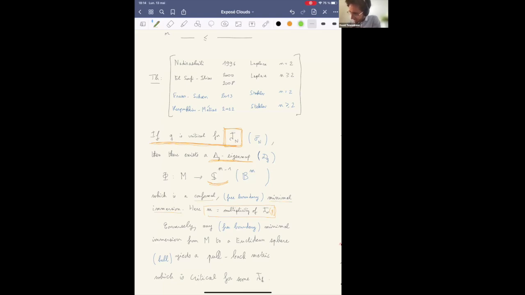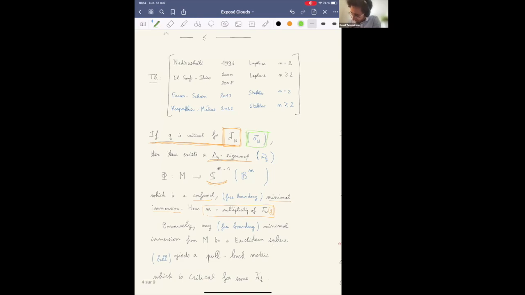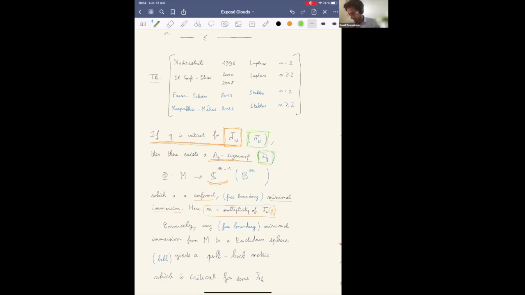In the case of Steklov eigenvalue, this was studied by Fraser and Schoen in the case n equal to 2, and then Karpukhin, Métras in the case n greater than 2. Then instead of having a Delta_g eigenmap, we have a Dirichlet-to-Neumann eigenmap from M to the Euclidean ball.